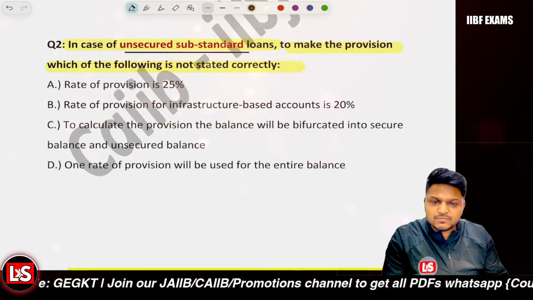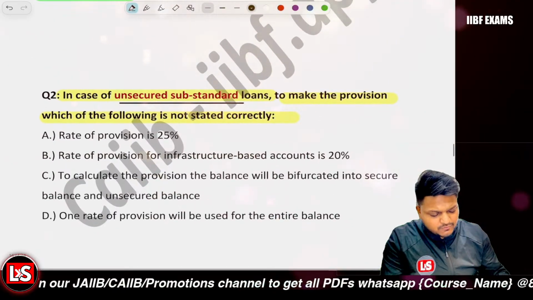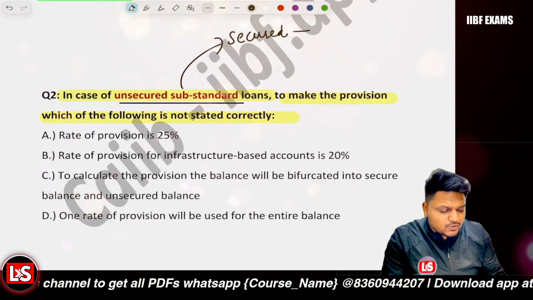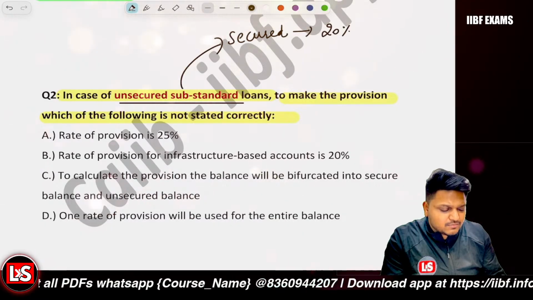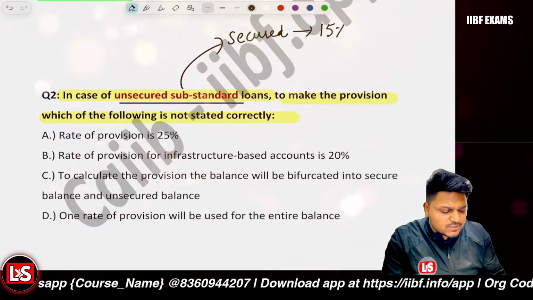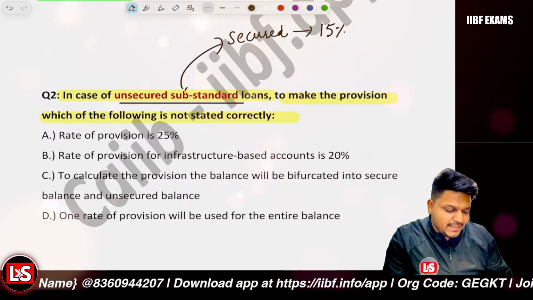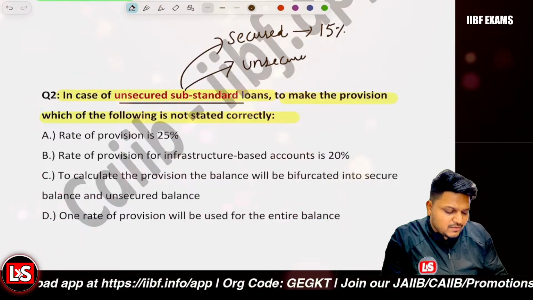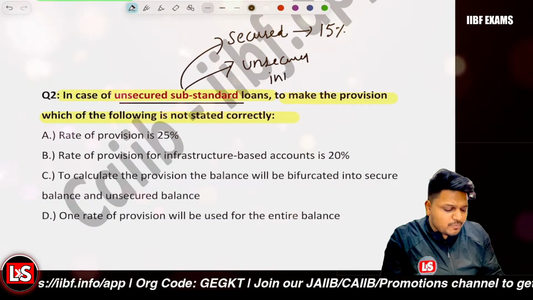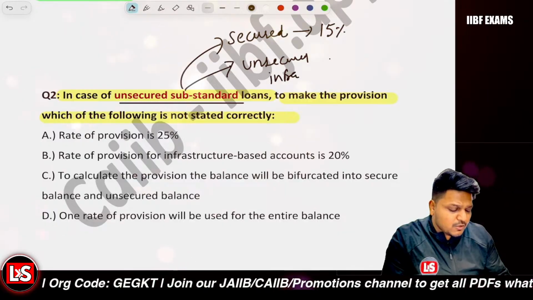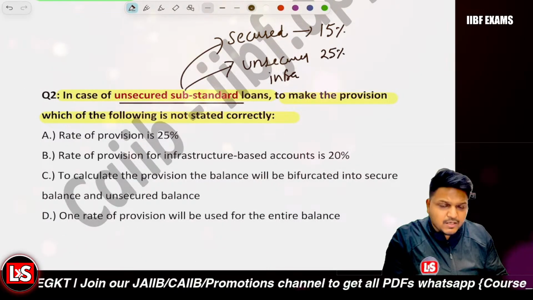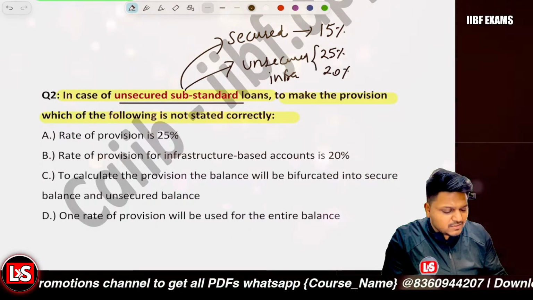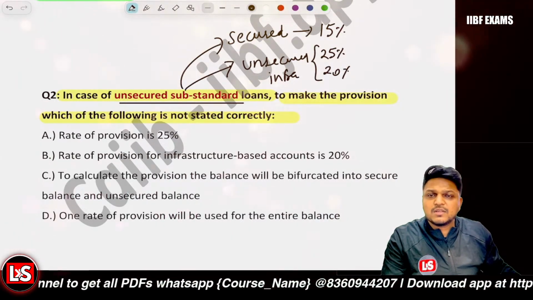The first one was related to secured substandard, for which 15% of the provision was applicable. The second category was related to unsecured, and the third one was related to unsecured but infrastructure. For unsecured substandard, it is 25%, and for infrastructure, it is 20%.